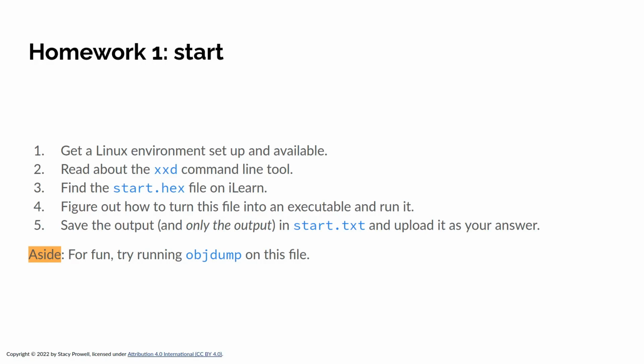Again, most things on a machine are done by convention, and because of that, you can often ignore the convention, and start.bin ignores a lot of the conventions. All right, it's kind of a fun little file.